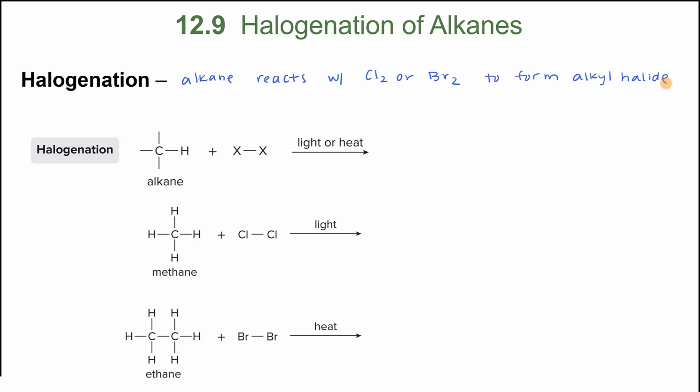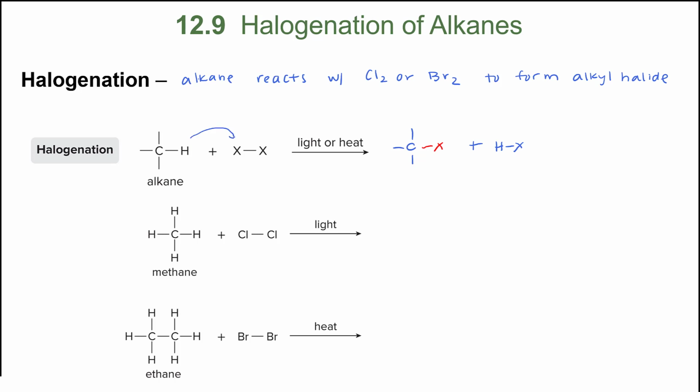So this halogenation reaction, we have an alkane with the CH. We add X2 with light or heat. And we introduce the halogen here, plus HX.